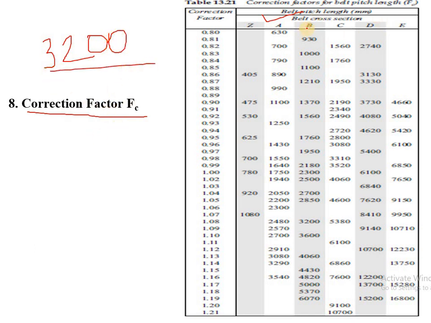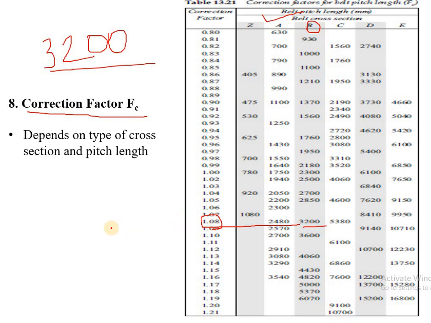So for cross section B and 3200, FC is the corresponding value. Where it is 3200, draw a horizontal line, and that corresponding value will give you FC. It depends on the cross section and pitch length. So FC is 1.08.